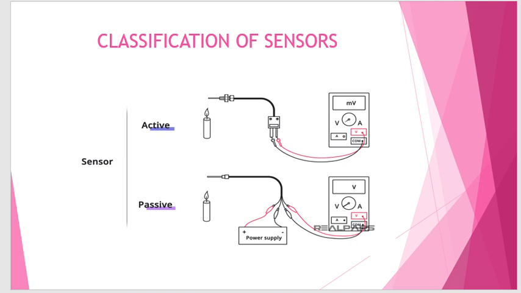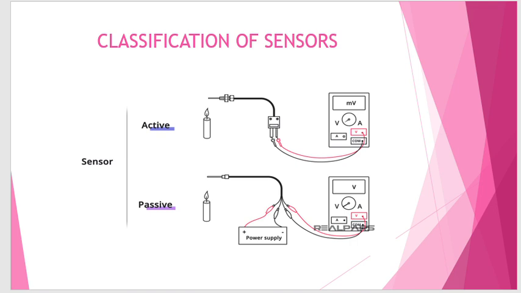For an electrochemical sensor, the input will be chemical changes and the output will be an electrical quantity. In an antenna, electromagnetic waves are the input and the output will be an electrical quantity. In a thermo-optic sensor, the input may be temperature and the output will be light.